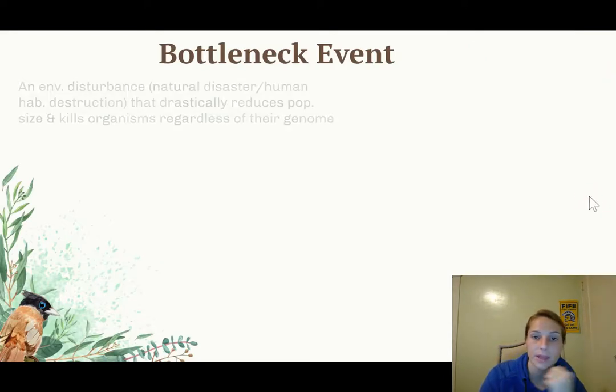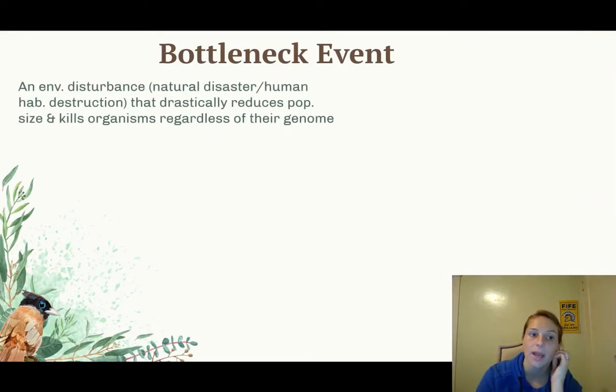We also have something that is called a bottleneck event, and this is going to be an environmental disturbance, something like a natural disaster or human habitat destruction, that is going to drastically reduce the population size in a population, and it's going to kill organisms regardless of their genome. So this is not going to be like, oh, you happen to be resistant to a disease.